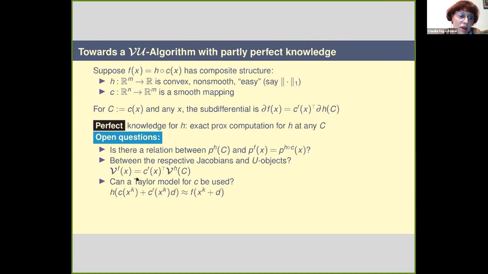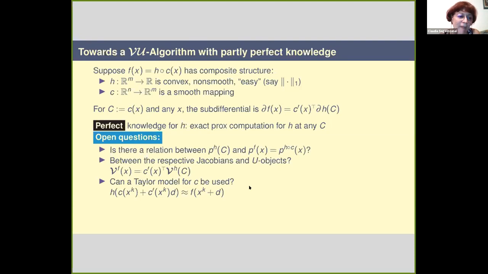So also, if we were to use a model like is done in the prox linear or prox descent method by Lewis and Wright, maybe we could think of approximating, using as a model, as I said before, the model of the function in the perfect knowledge VU algorithm, the linearization of the inner mapping and compose it with h, and that will give us a model for the function, and then maybe we can relate the proximal points, and we need to have some asymptotic result.